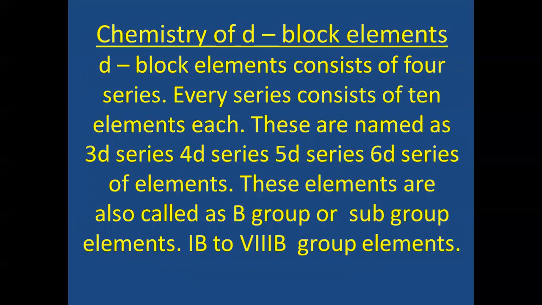Out of these, 6D series is still incomplete. Most of the elements are discovered, but few are still under analysis whether they are found naturally or not. Then we have 3 complete series of these elements: 3D, 4D, 5D, means 10 into 3, 30 elements plus 4, 5 elements.